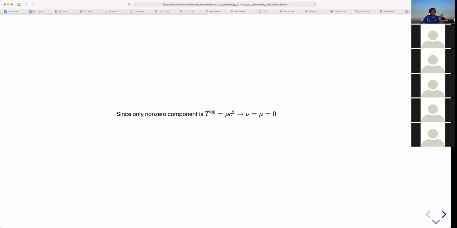Because this is written for the conditions where you have dust, which means in the energy momentum tensor, you have only one component. That is the very first component of the tensor, which means in terms of indices, that will be T00, where both nu and mu equal to 0 for that particular component. Now, if both these are 0, then your value will be rho times c squared. So therefore, we may focus only on the R00 term, right?